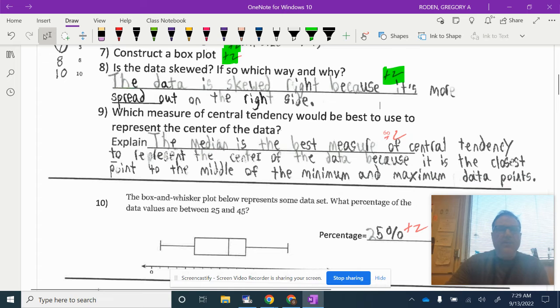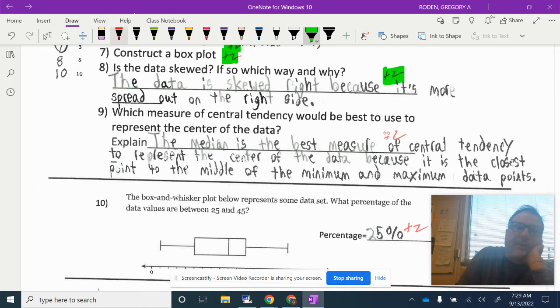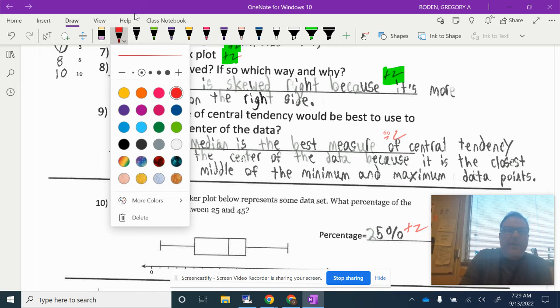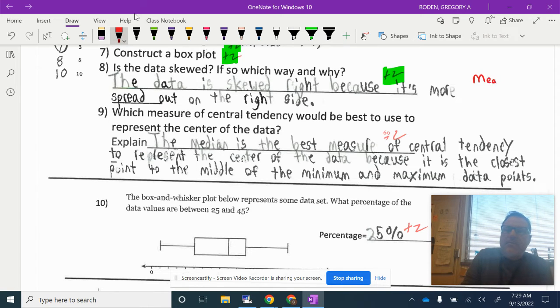All right. What is the best measure of central tendency to use? Now, remember, the two measures of central tendency, guys, let me write this down. We're always going to choose between the mean, which is always our first choice, or the median.